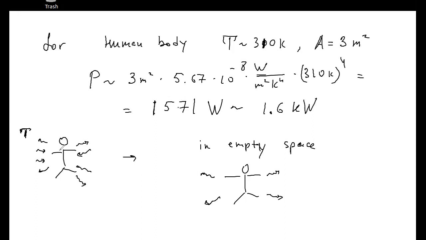The area is the same because it's the area of contact. So then you can compare how much power you receive, let's say 300, compared to how much power you radiate back because you are hotter. So then you can estimate this coefficient.